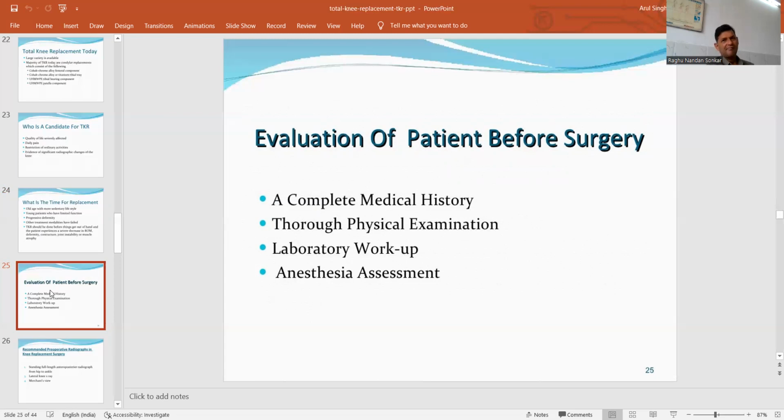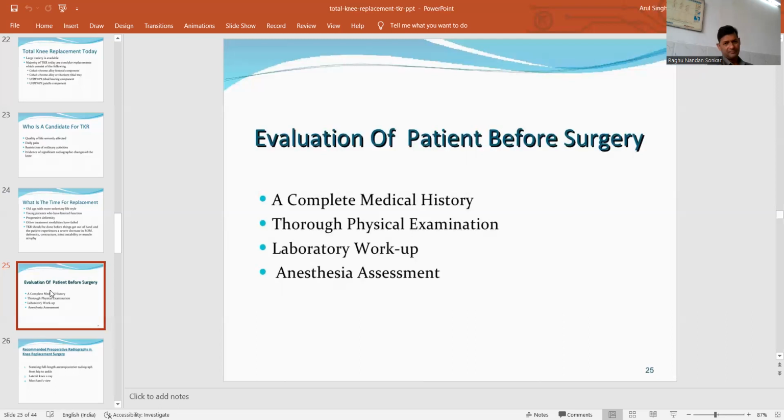Many times, a patient complains of knee pain just because of radiculopathy of the spine. So you should examine the spine first and rule out spinal pathology, numbness, radiculopathy. When you are assured the pain is just because of the knee or osteoarthritis, this is the only candidate for TKR.